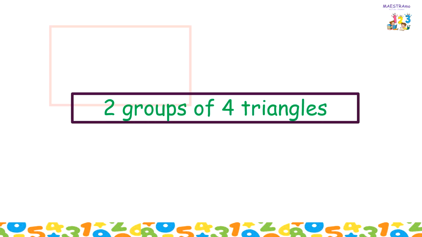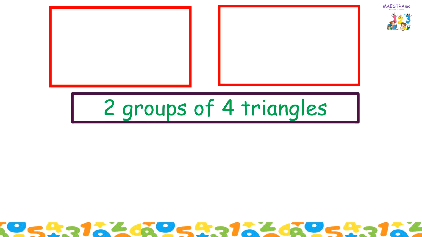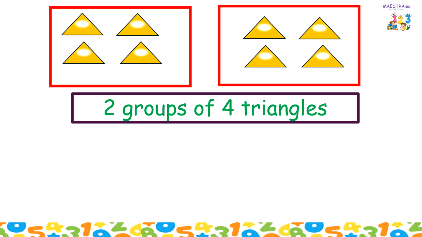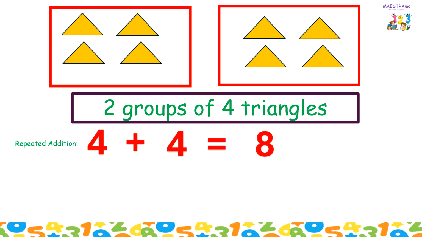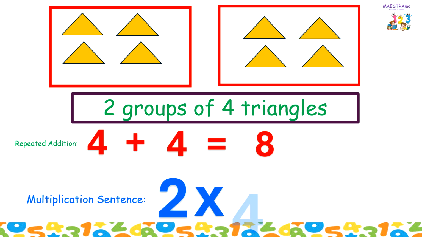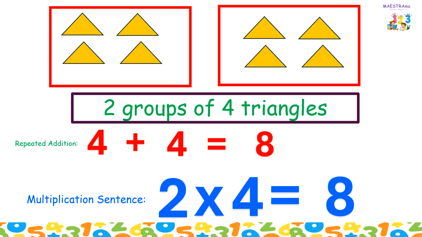We have 2 groups of 4 triangles. The repeated addition is 4 plus 4 equals 8. The multiplication sentence is 2 times 4 equals 8.